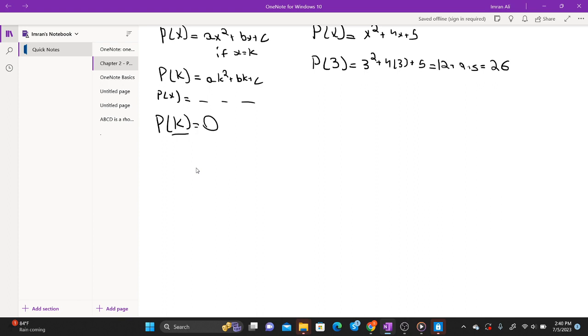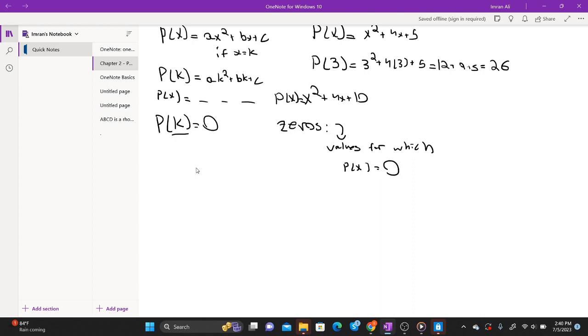So for an example, if I have the polynomial x squared plus 4x plus 10, then the zeros of p of x are the values for which p of x equals 0.